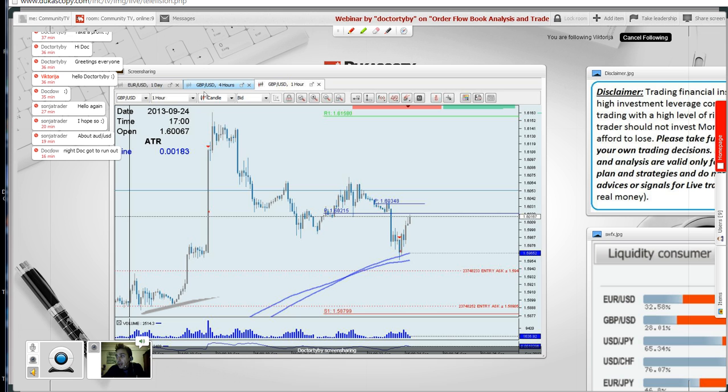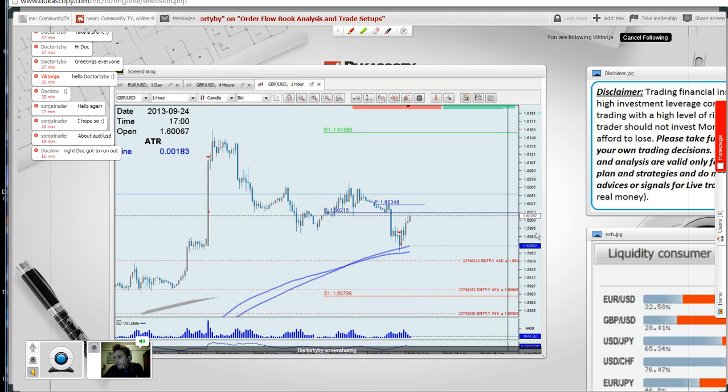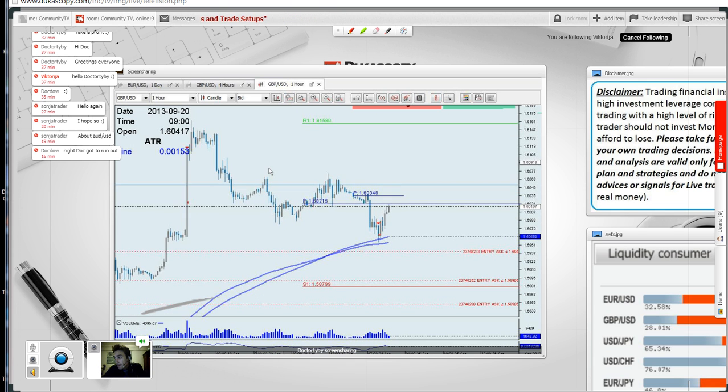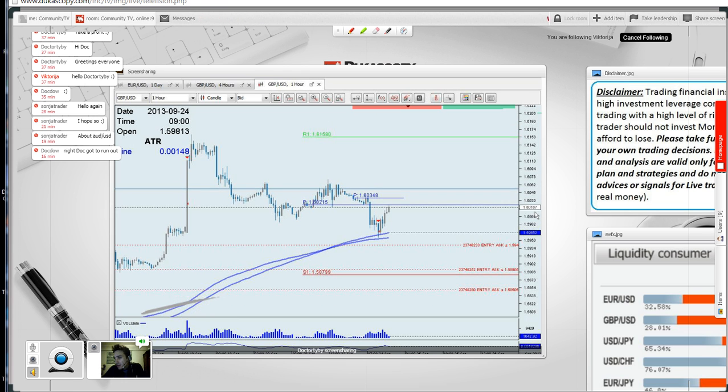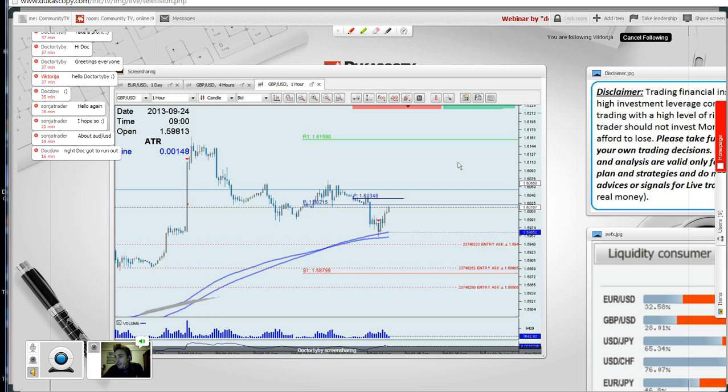Let me just put it on the 1 hour chart, because to put the order flow book on the 4 hour chart, the range is too wide. Okay, so at 1.5950 we have a battle between buyers and sellers, with slightly more sellers.